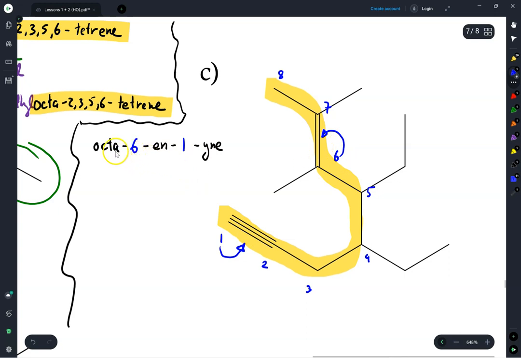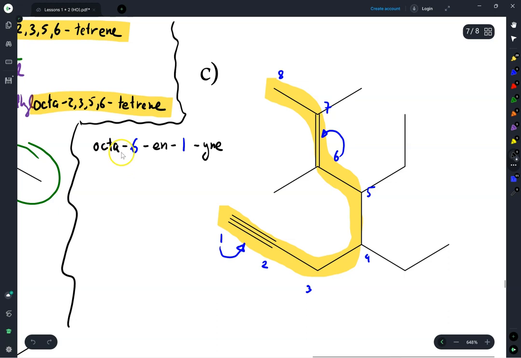Now again, I see two vowels side by side. The A and the E are right next to each other, so when two vowels are side by side, remove the vowel from the prefix. So instead of octa, we say oct, 6-ene, 1-yne. But that being said, I don't mind if you keep the A off or if you keep the A on. It's a very, very minor thing.